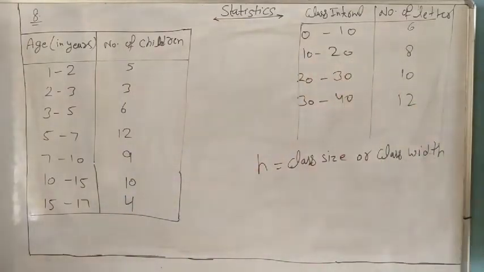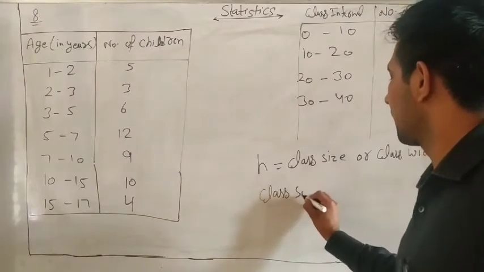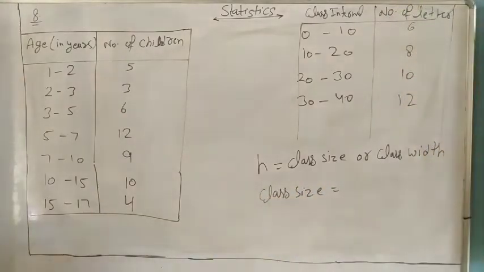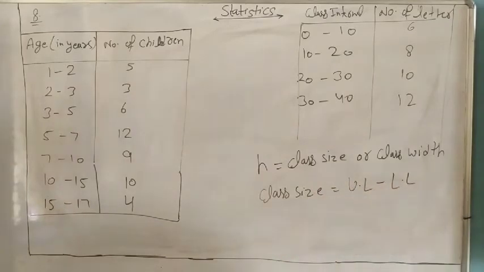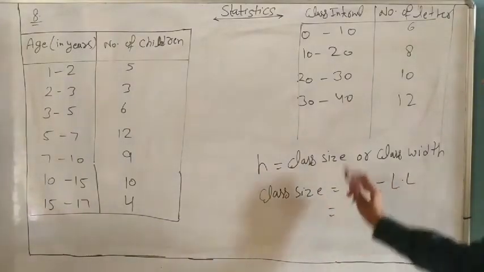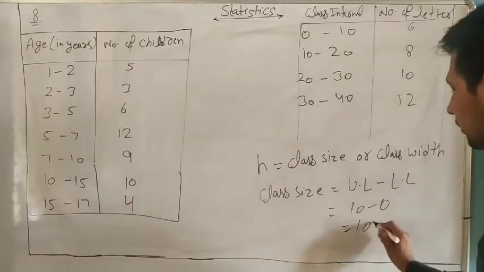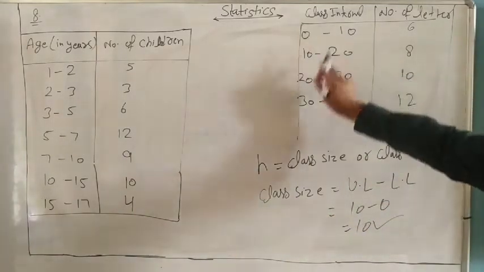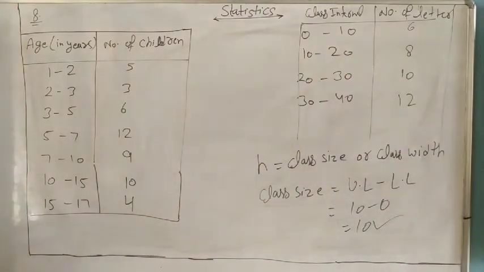How will you find the class size formula or class width formula? Upper limit minus lower limit. So 10 minus 0 is 10. Every time the class size is the same.